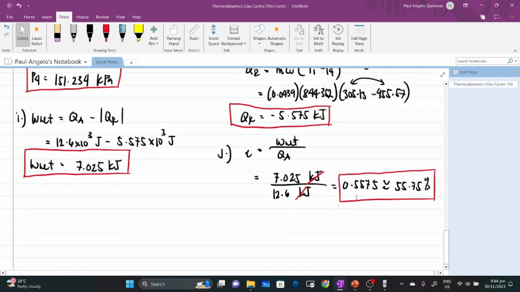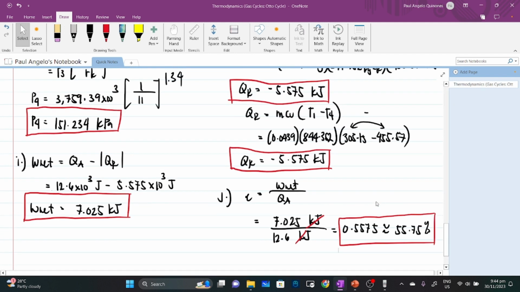They have pretty close magnitude. Therefore our efficiency from the get-go is correct.